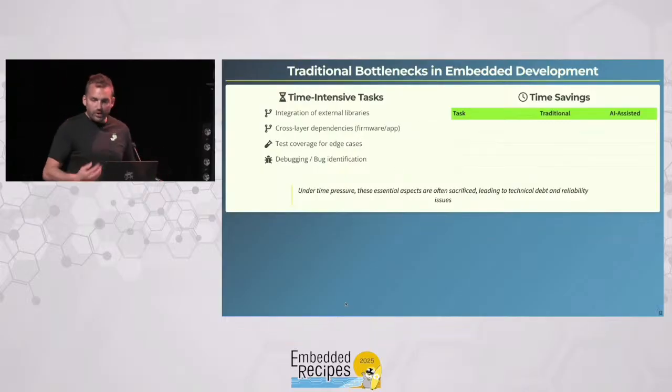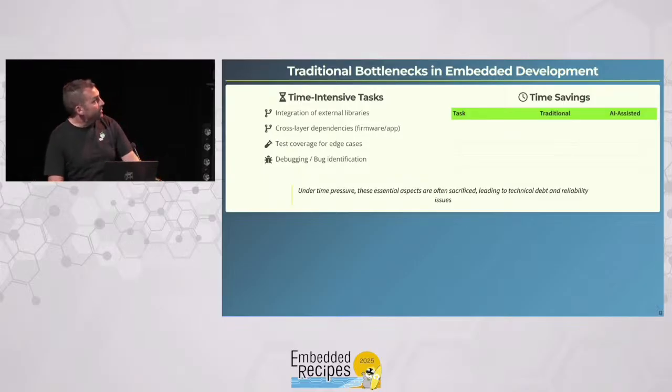Generally, when we develop in embedded, there are a few things that we do really well, like drivers. But there are some things that we don't do well, or which are really time intensive. Integrating external libraries, getting into them, understanding how they work, sometimes debugging them, can take a lot of time, and it doesn't necessarily have the biggest advantage.